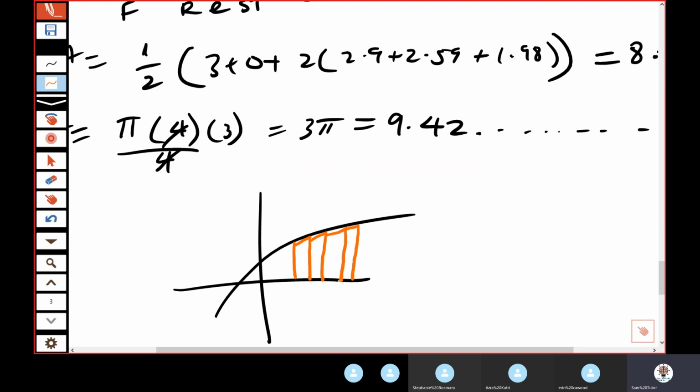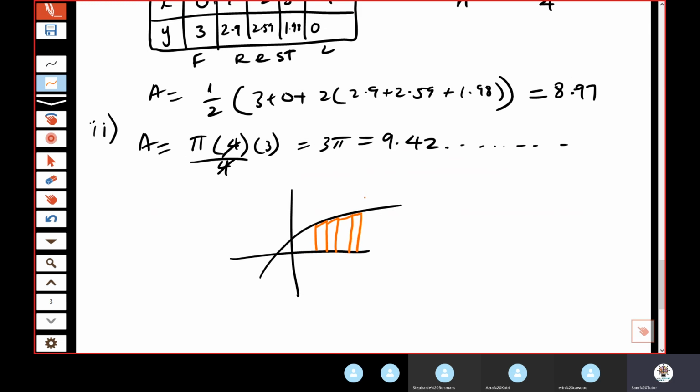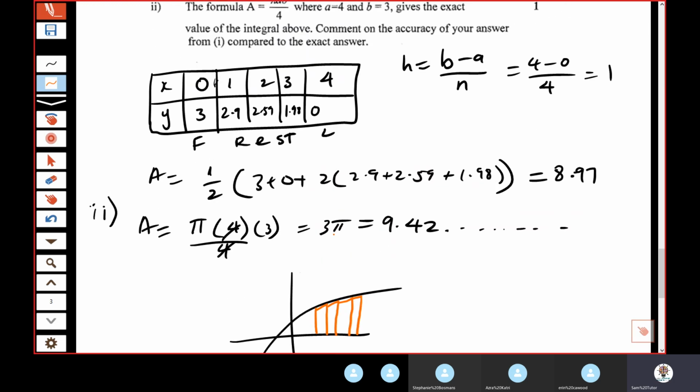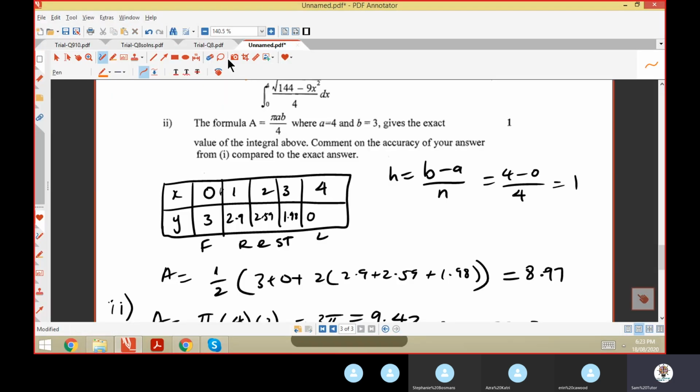And the idea is you want the width to be obviously always the same and as small as possible, but you'll always have this little bit missing. So you are underestimating, that's the idea of trapezoidal. Good, good work. Easy question, nothing too crazy again.